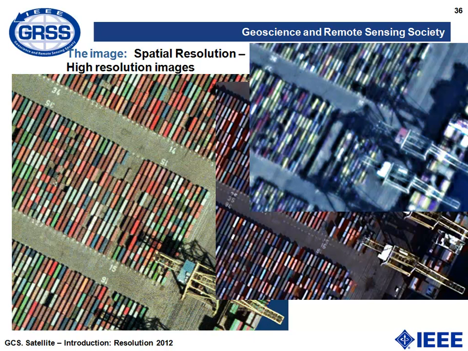In this example, for the same area, the harbor of Barcelona, we have the same targeted zone from 3 different sensors on 3 different satellite platforms.